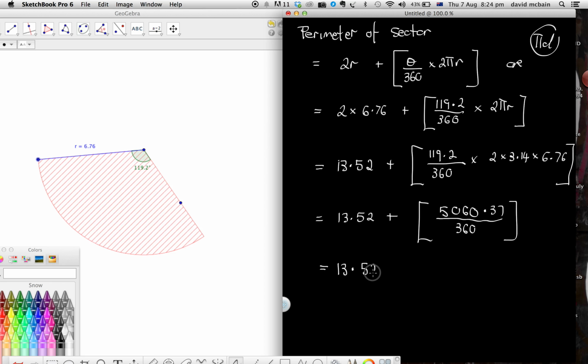So our final answer is going to be 13.52 plus 14.057. If we add those two together, we get 27.58, rounding up.